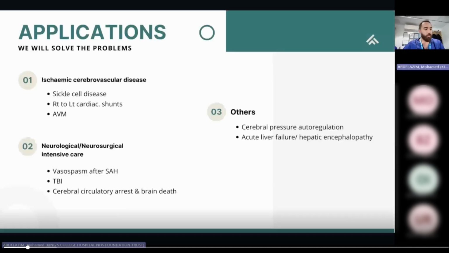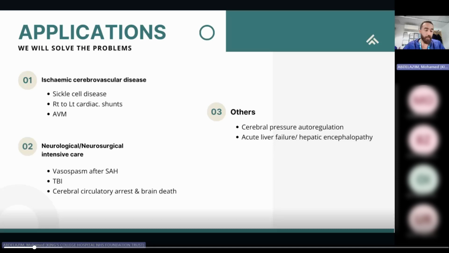Some of the applications that we tend to use TCDs for, for example, ischemic cerebrovascular diseases such as sickle cell disease and the risk of stroke associated with this disease. They usually use TCD to assess the need for transfusion and the risk of cerebral ischemia.